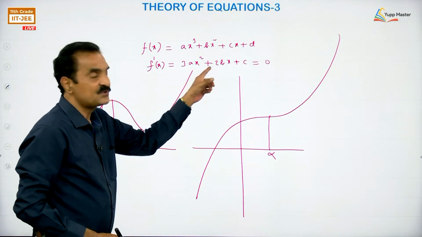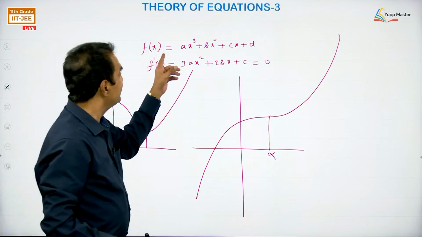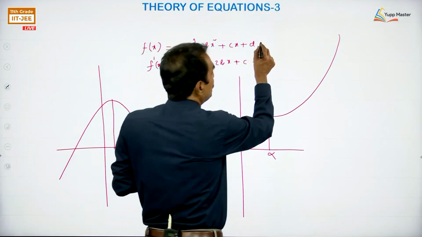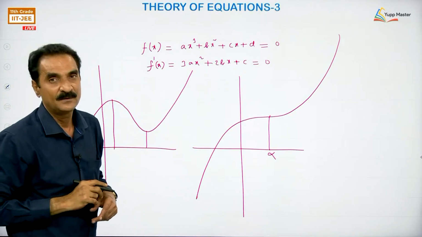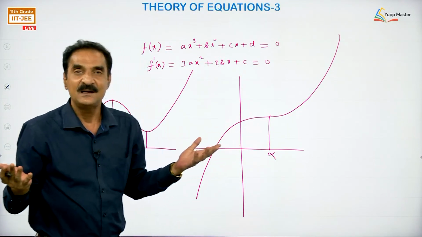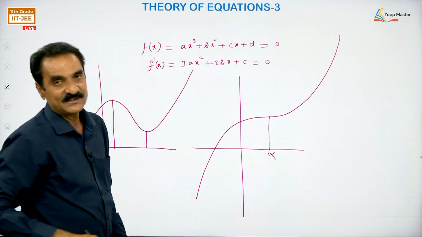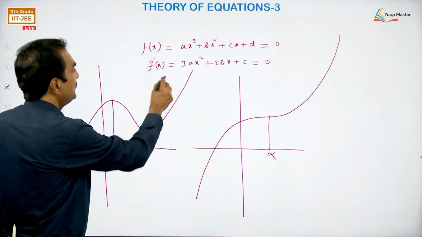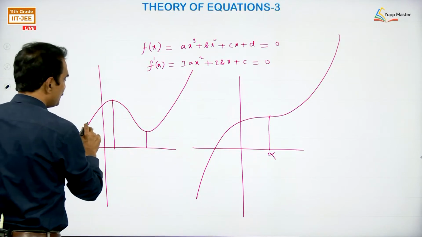So, if the roots of f dash x is equal to 0 are real and equal, then the equation f of x is equal to 0 will have only one real root. Okay, two roots are imaginary or non-real complex numbers. Next case is if f dash x is equal to 0 has imaginary roots.